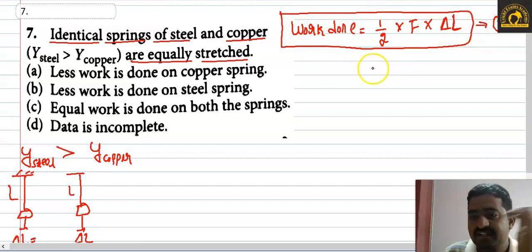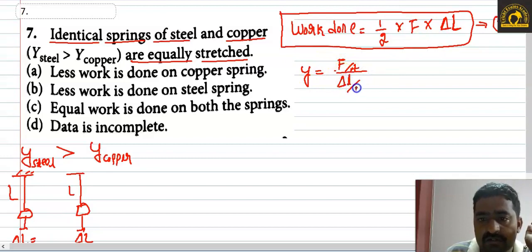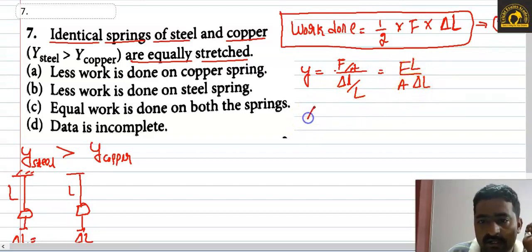Now what is delta L here? You know that Young's modulus is equal to stress divided by strain, that is equal to FL divided by A delta L. So now delta L is equal to, because both are what?